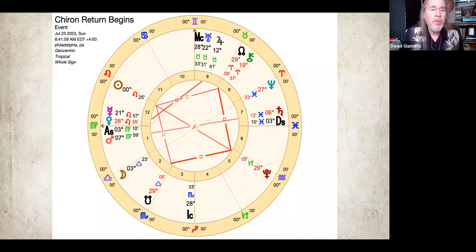And that's the chart we're looking at right now, July 23rd, 2023. And you'll note here a lot of the things that we've been talking about all along, but in particular, I want to be placing the attention here on the degree of Chiron, 19 57 Aries.